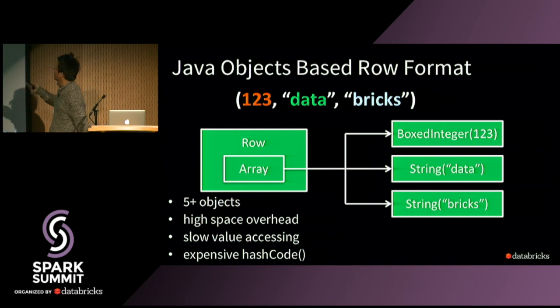Also, because of the boxing, value access is slow, because you have to do unboxing before doing something else with the value. And a very common function that we require for data is hashCode, because we want to do equality checks between records. For this memory layout, hashCode is also very expensive. You have to go through so many objects to calculate the hash code and combine them together.